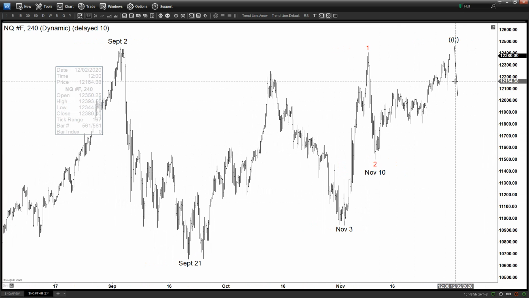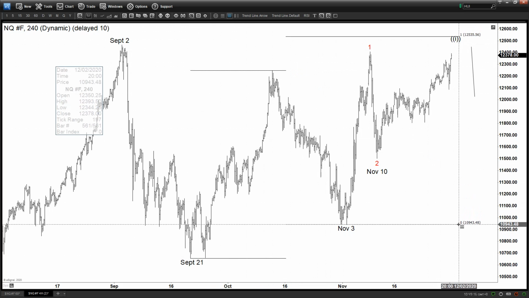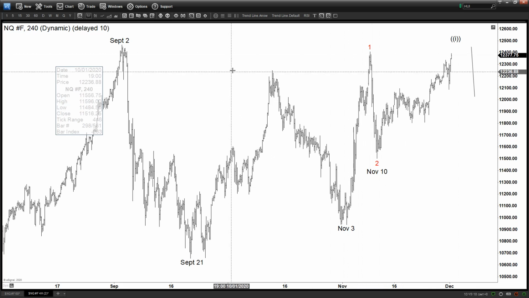But I think one thing that we do need to keep in mind is also the possibility that we can see this pullback here. This is the biggest pullback we got here since September 21st. Since then, we also can count this as a 1, 2, 3, 4, 5, right? 1, 2, 3, 4, 5. So technically, if you measure the length, this is shorter than this.